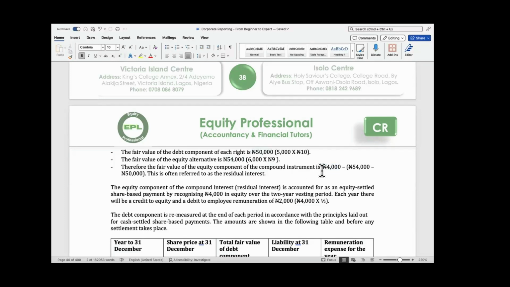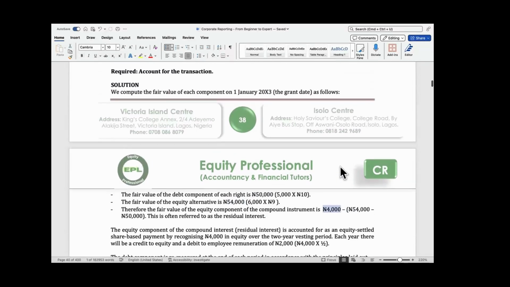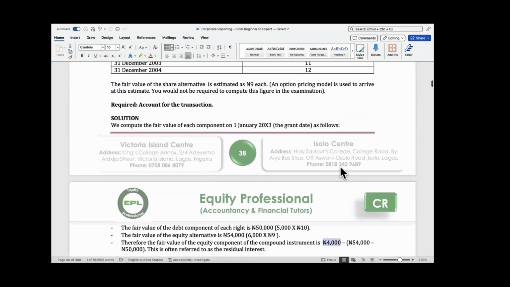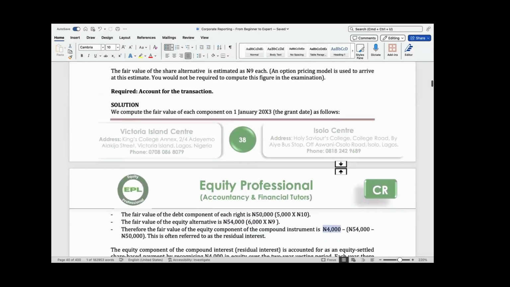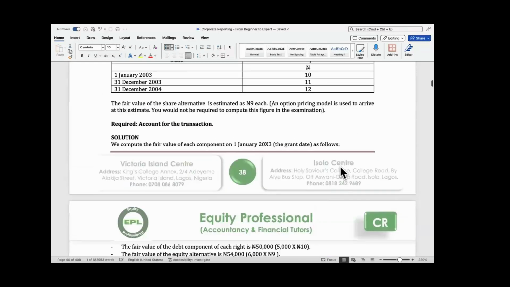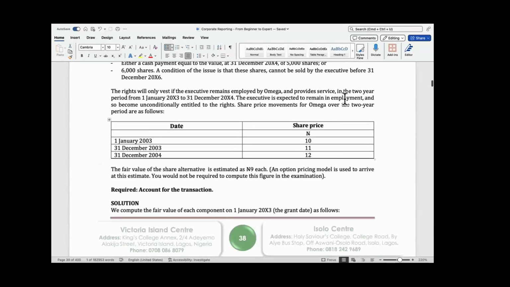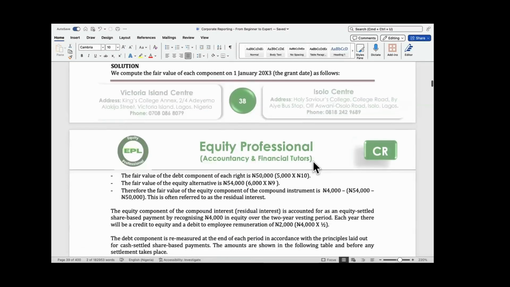So you see, this 4,000 at the grant date will represent that, if this executive doesn't leave, as they have told us that they must work for 2 years, and they choose the shares, they will get 4,000 at the vesting date.